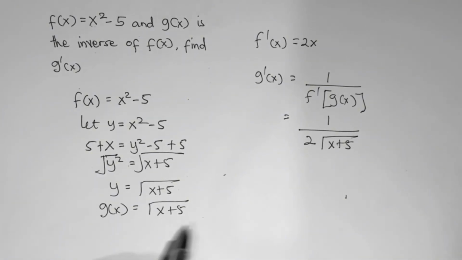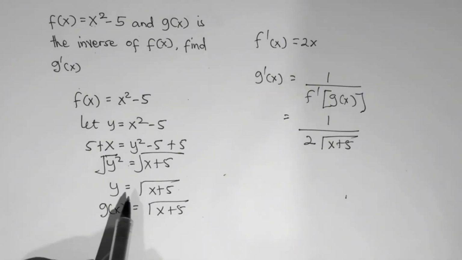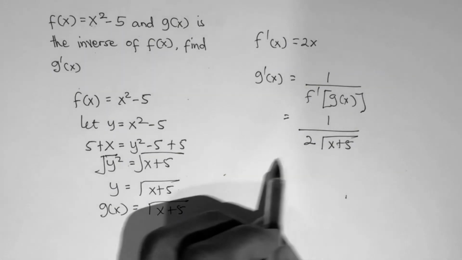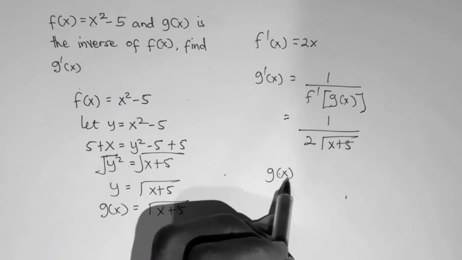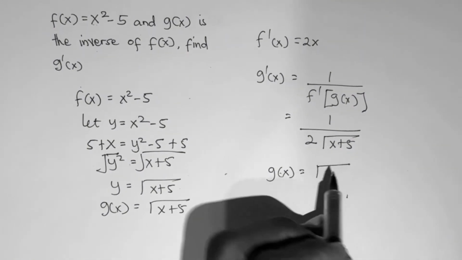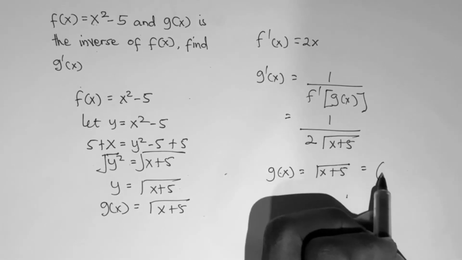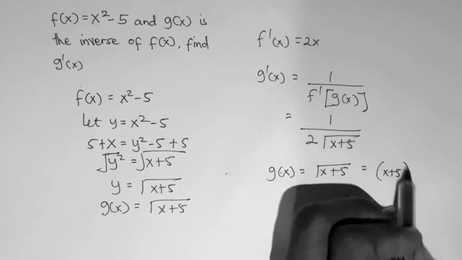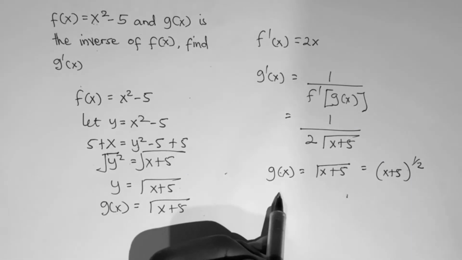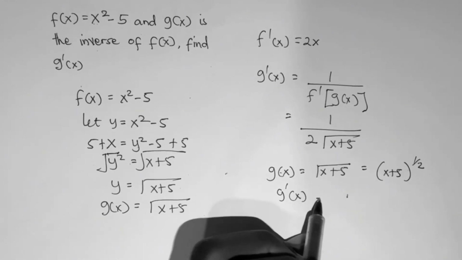Let's check whether our answer is correct or not. So now we found j of x to be equal to root x plus 5. Now we can also write this as bracket x plus 5 exponent half. Now let's find j prime of x from this place.